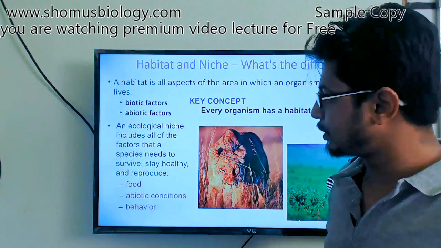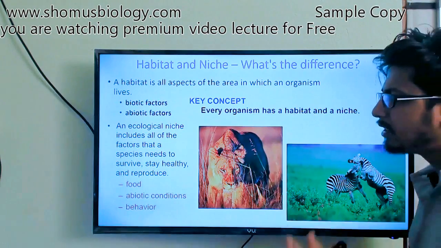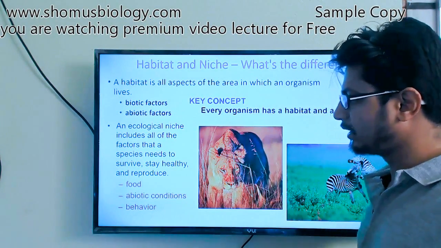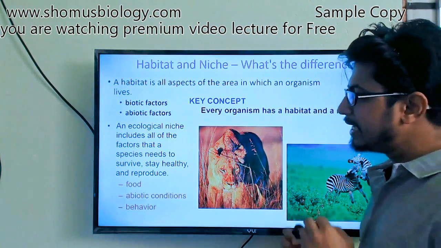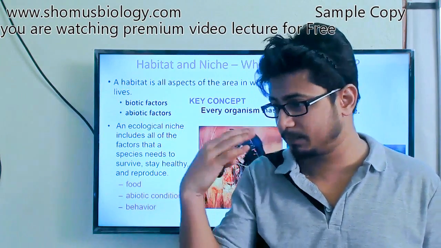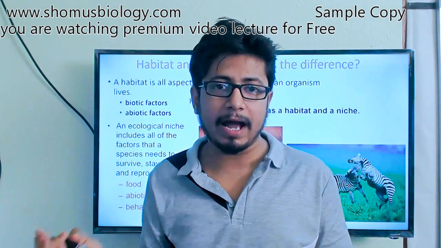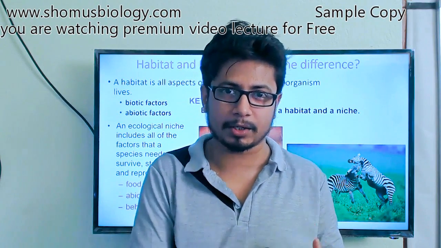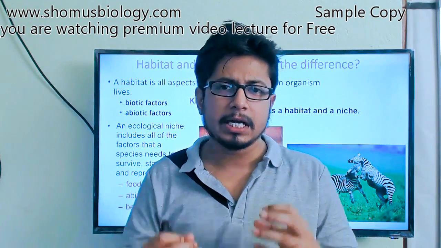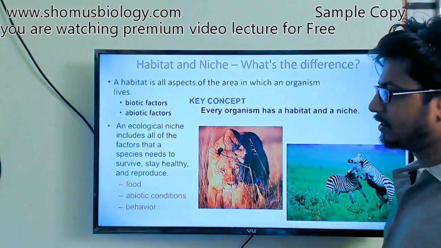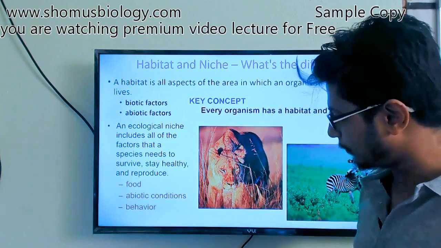Now what is a niche? An ecological niche includes all the factors that a species needs to survive, stay healthy, and keep reproducing. So that is the difference between habitat and a niche. Habitat is the place where an organism can simply stay in the environment. But a niche is more of a functional unit for that organism. It's all the factors responsible for that species' growth, staying healthy and reproducing.